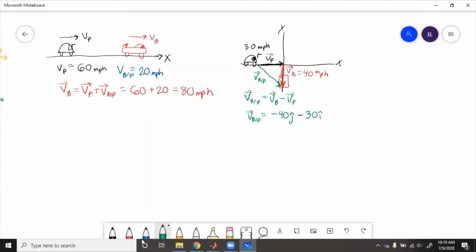So if we wanted to know the speed, just the scalar, VB with respect to P, then we take the square root of the x squared plus the y squared, which is negative 40 squared plus negative 30 squared, which equals 50.